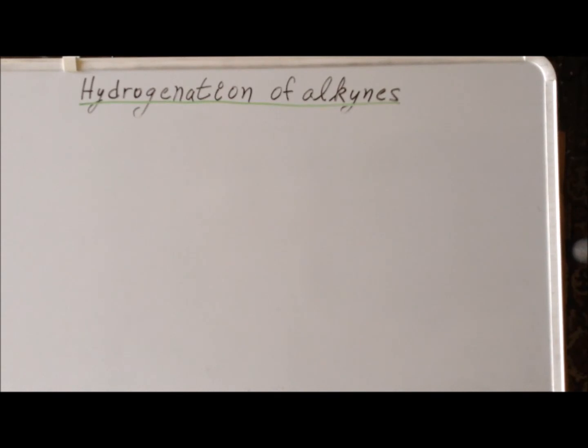Now there was a video about that also, but you can see in the table how the enthalpies of hydrogenation for alkynes are systematically higher than the enthalpies of hydrogenation for alkenes, showing that the third bond, which is a pi bond, is even more reactive than the first pi bond that we have in alkenes.